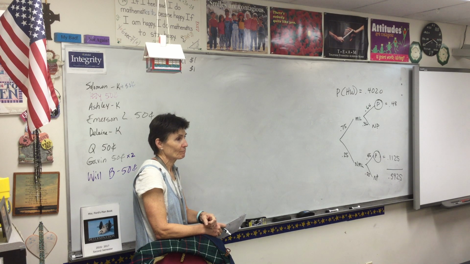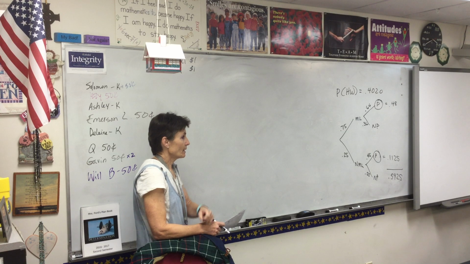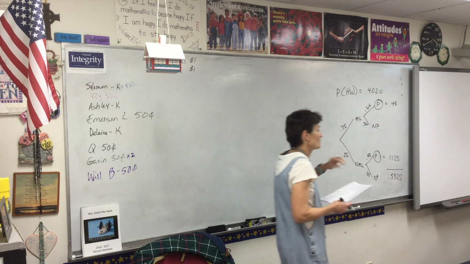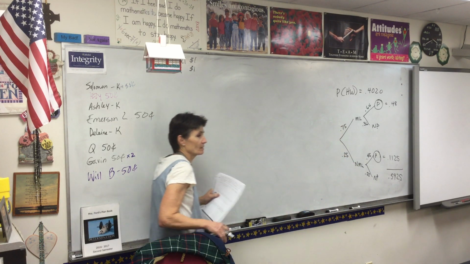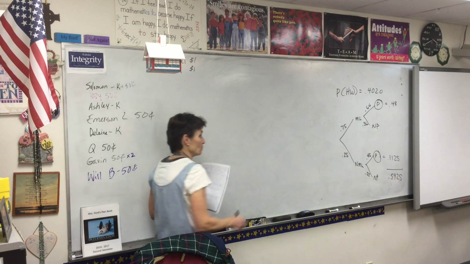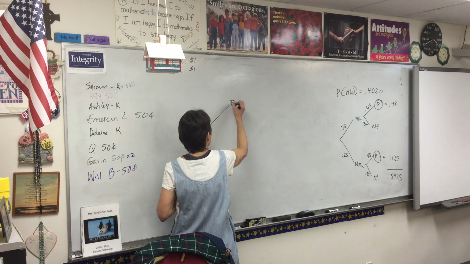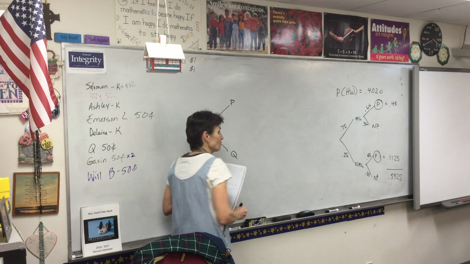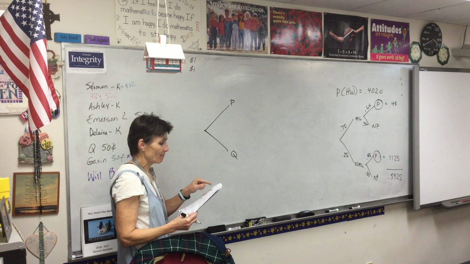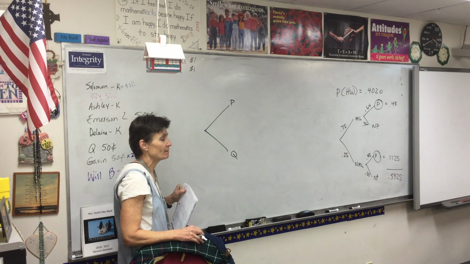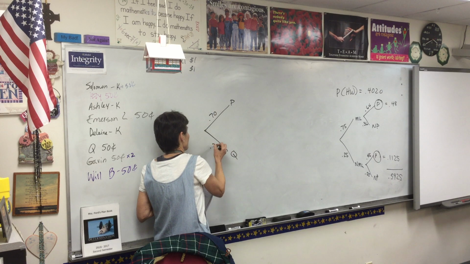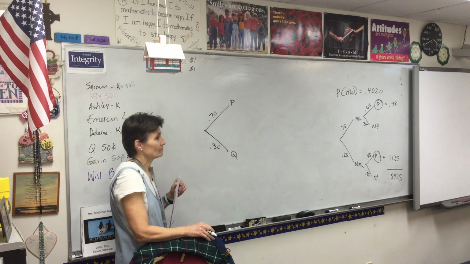Like this one started with whether we had meatloaf or not. What does this one start with? Exactly, which store do I buy it from? So I can buy them from P or I can buy them from Q. What is the probability that I'm going to buy my bananas from P? 70%. So 30% come from Q.